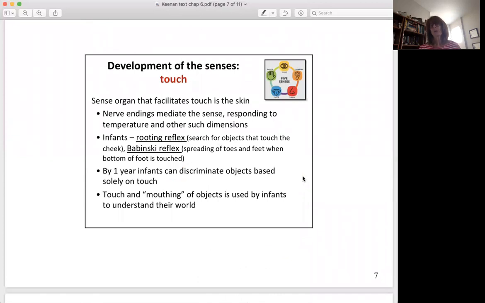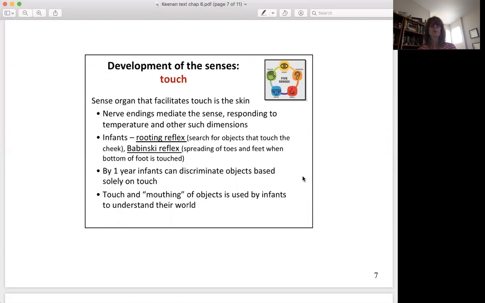If you think about development of touch, the sense organ that facilitates touch is the skin. And the skin is a very large sense organ. We have nerve endings that respond to temperature and all sorts of other dimensions. Go back and think about the different types of checks that are done with infants as they develop. There's a rooting reflex.